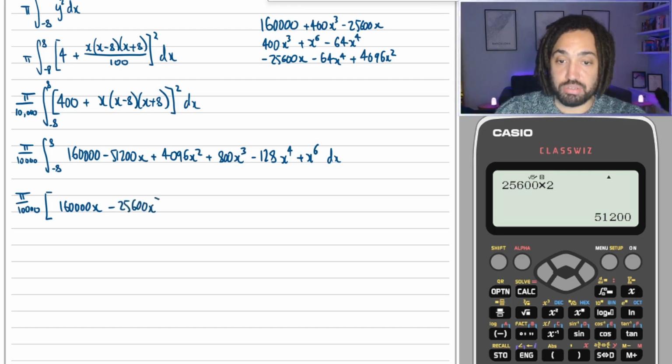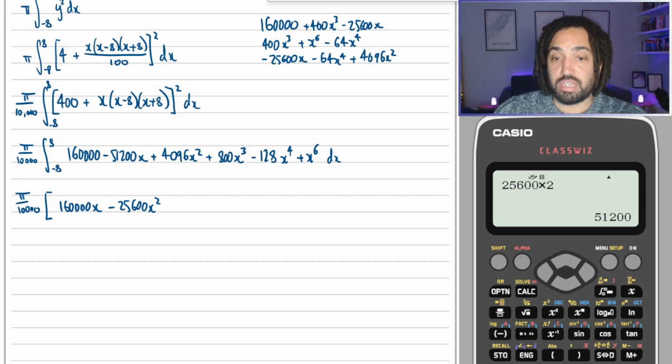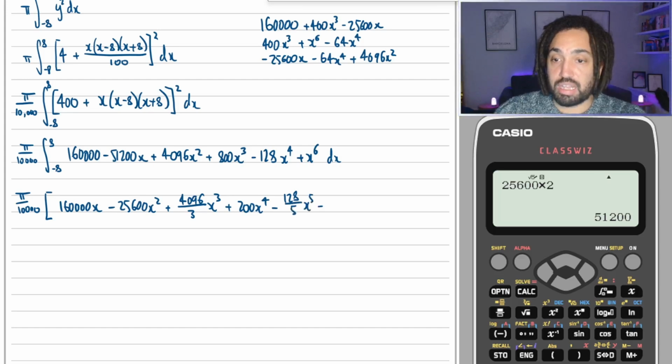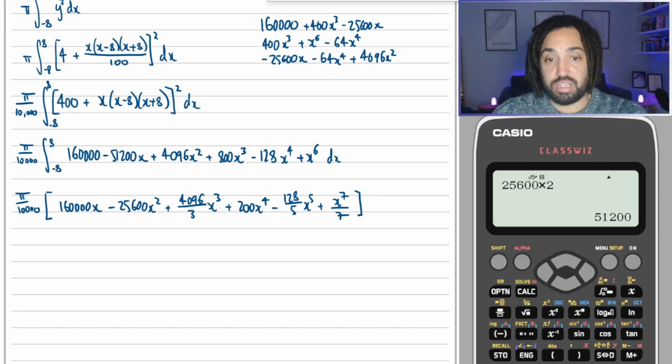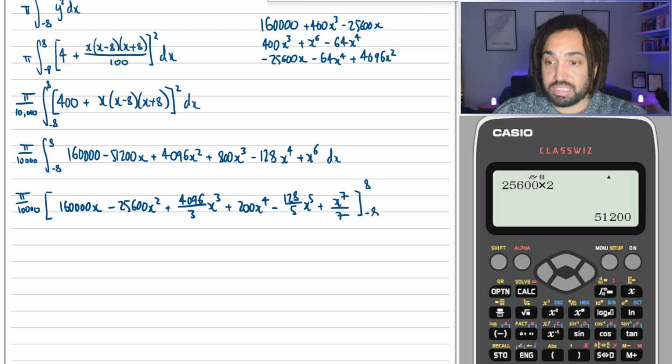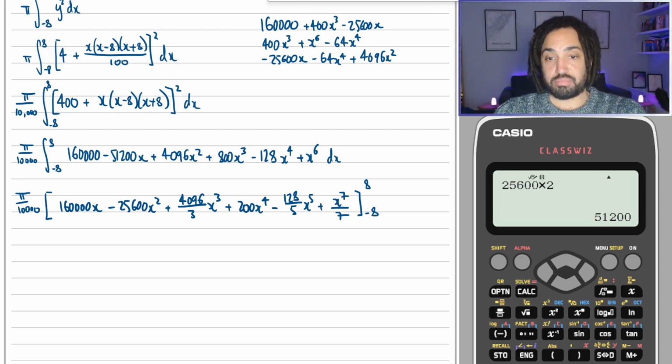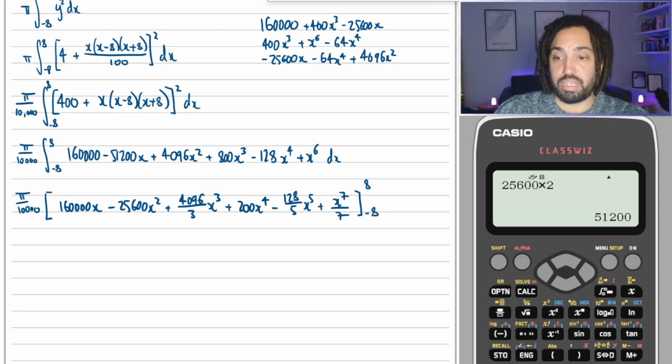So dividing it by 2 will give me this. I need to divide this by 3, which I don't think it does divide by 3, so I'll just write it as a fraction. Divide this by 4, that goes nicely. Divide this by 5, that doesn't work, so I'll just write it like this. And then I will do this over 7. Okay, and that is between 8 and -8. Lovely.